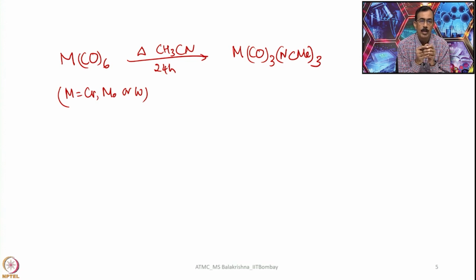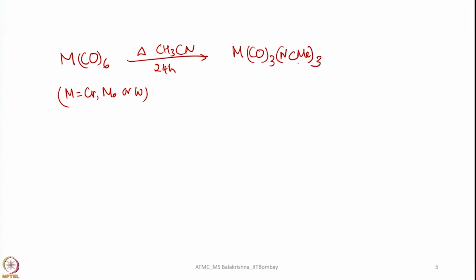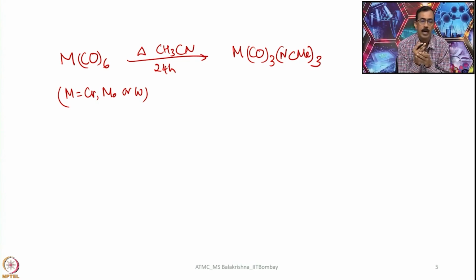No matter how long you reflux metal hexacarbonyls with acetonitrile, you cannot get more than 3 substituted. Whether you take acetonitrile, ammonia or any other alkyl amines, you can make mixed carbonyl and amine or nitrile complexes, but you have to have a minimum of 3 carbonyls. That is an advantage also.